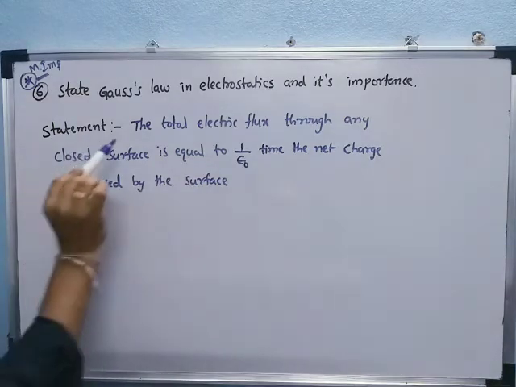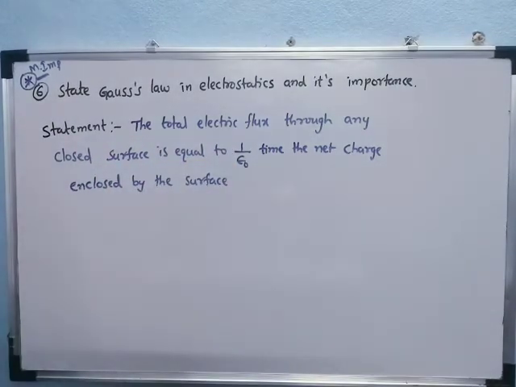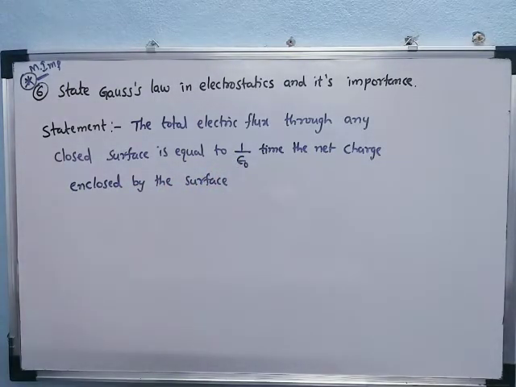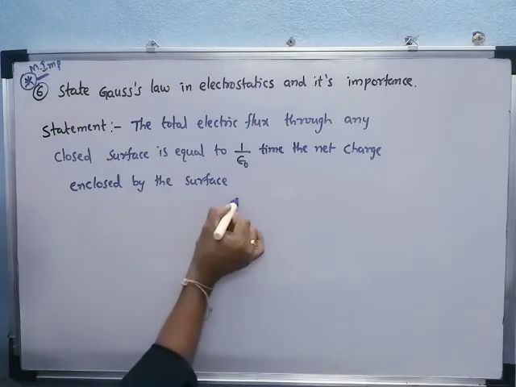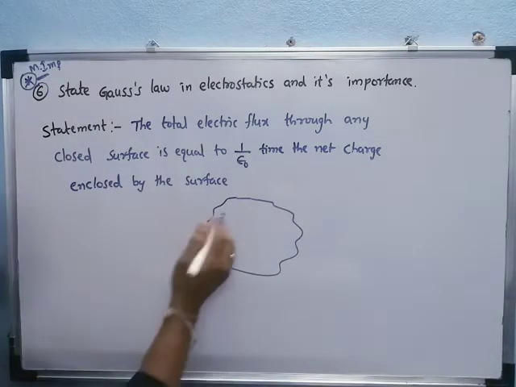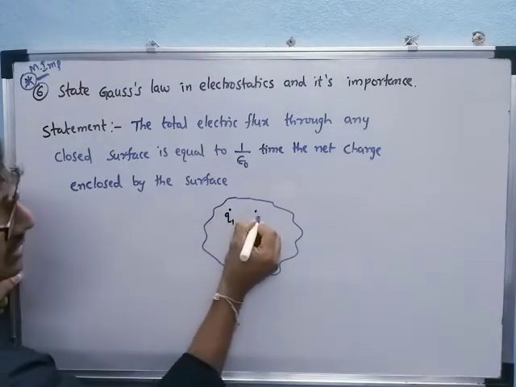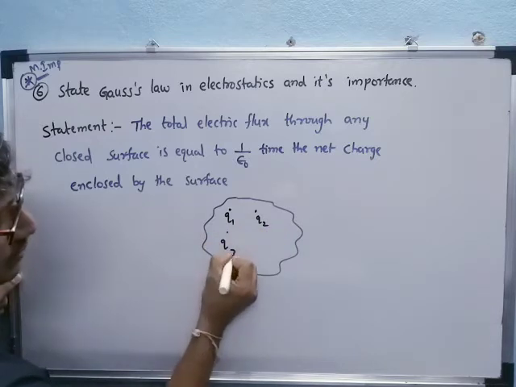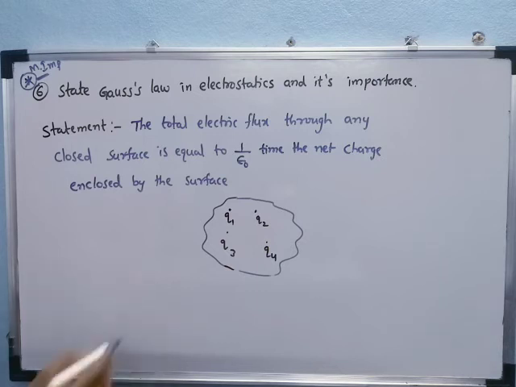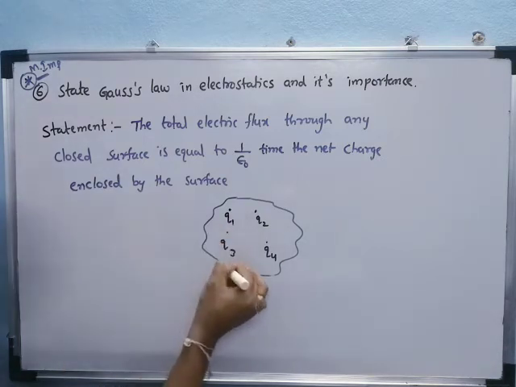The total electric flux through any closed surface is equal to 1 by epsilon naught times the net charge enclosed by the surface. For example, consider this closed surface enclosing a number of charges: Q1, Q2, Q3 and Q4.